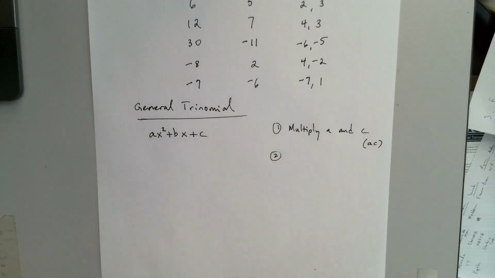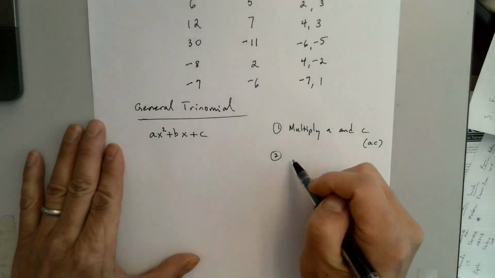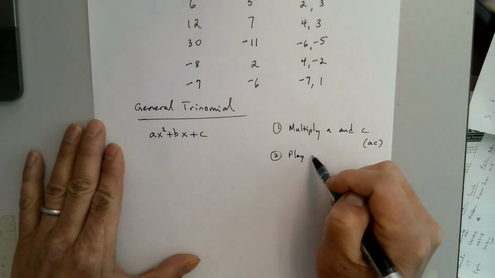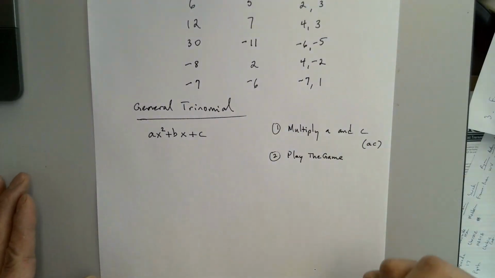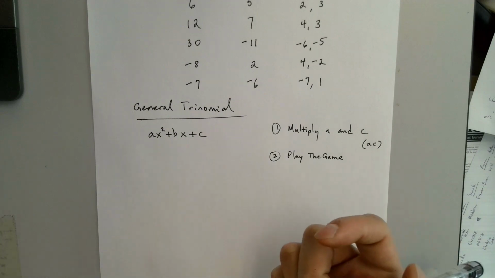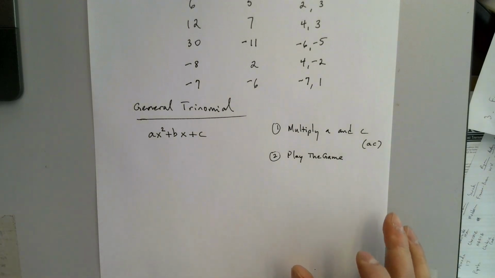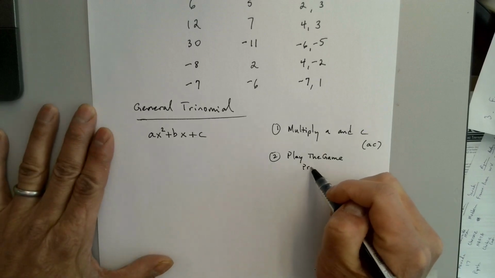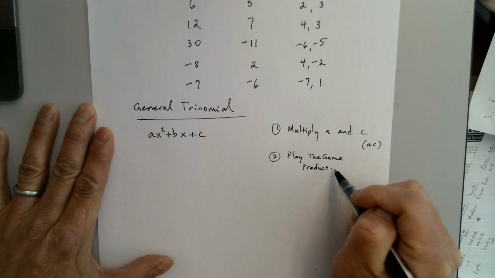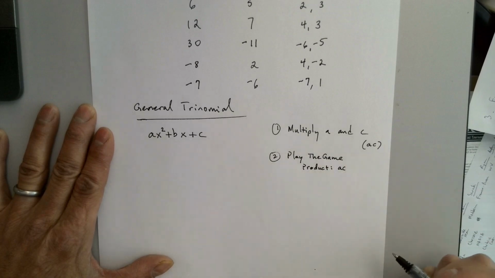The second step is we play the game. The game that we just played up here. So that means I'm looking for two numbers, but what product do I want and what sum do I want? So I want two numbers who have a product of AC.